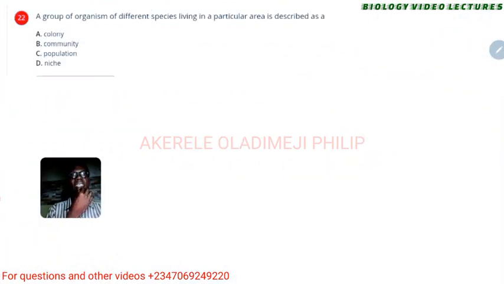Now it says here, a group of organisms of different species living in a particular area is described as. Now the key word here is different species. Different species. We call that a community. Why is it not called population?